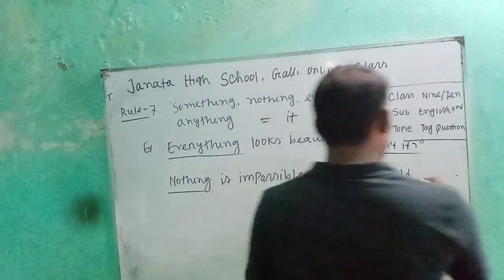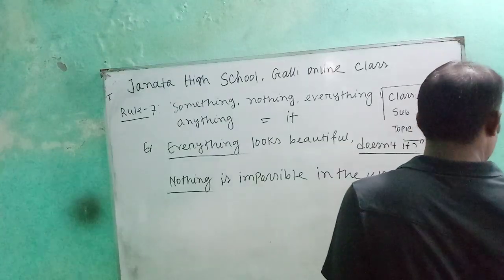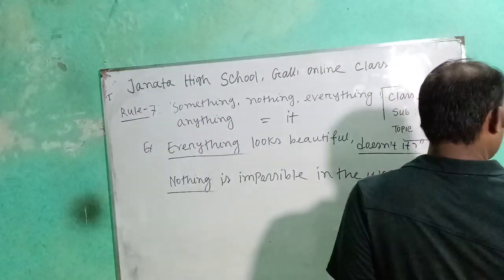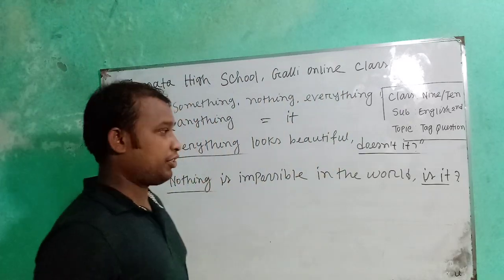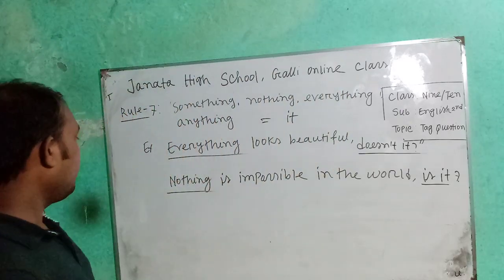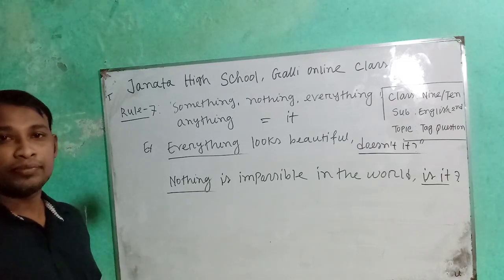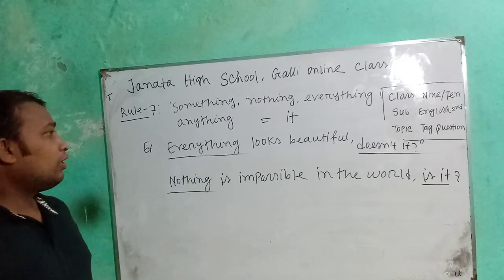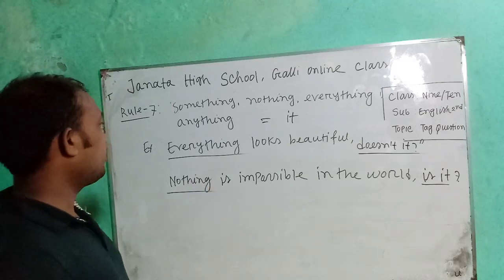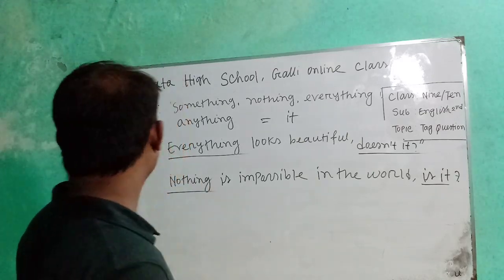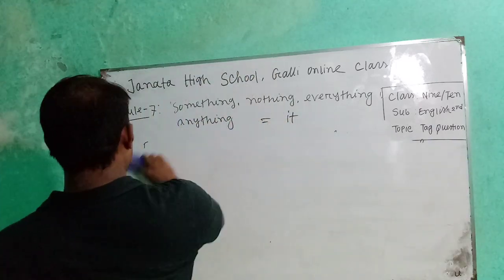Is, auxiliary verb. Is it? As the sentence is negative, so I have used it affirmative. Okay, I think this rule is clear to all. Now I will go to the next rule.